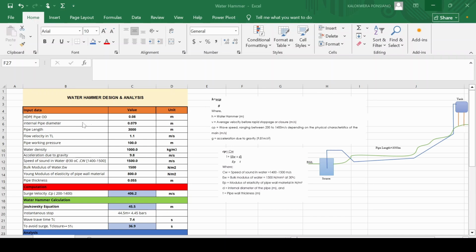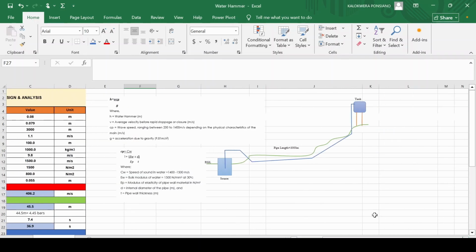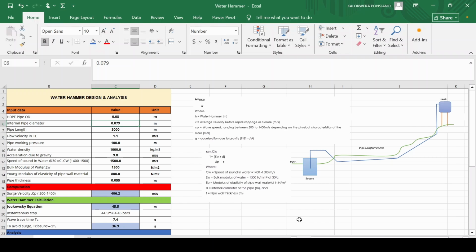The transmission line has a length of 3 kilometers, that is 3000 meters, and the flow velocity in the transmission line is 1.1 meters per second. From preliminary sizing, we decided to use a pipe with a working pressure of 100 meters. Our water density is 1000 kilograms per cubic meter, and our acceleration due to gravity is 9.8 meters per second squared.